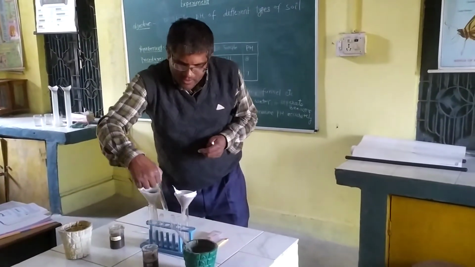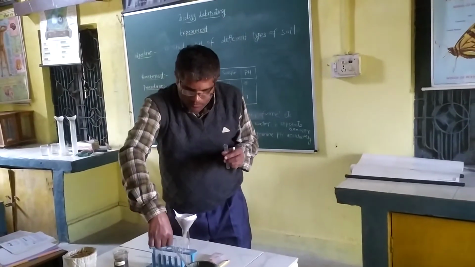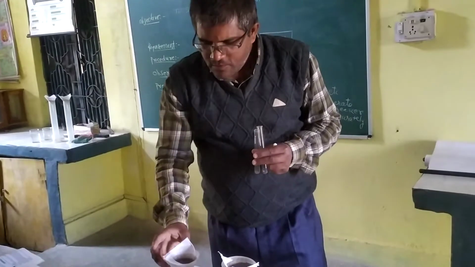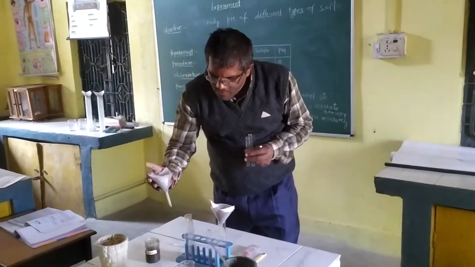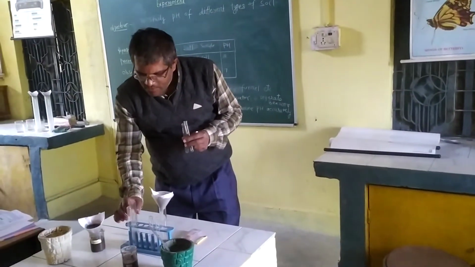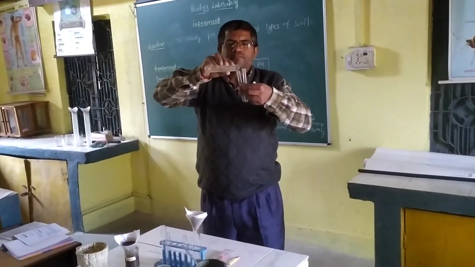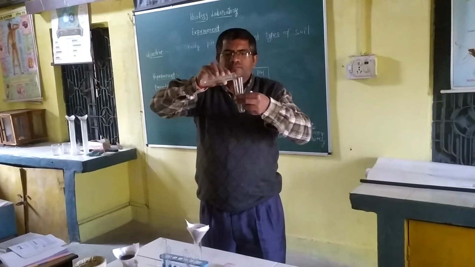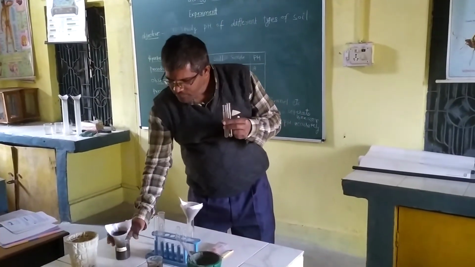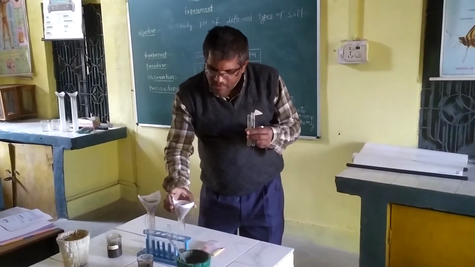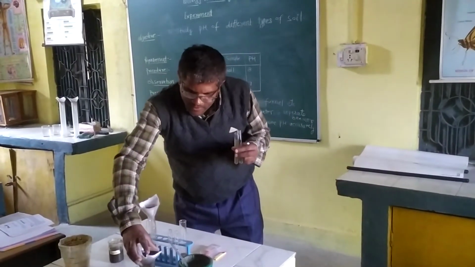We have to take the small test tubes. These are the two small test tubes. In this test tube, we have to fill up the sample which we have collected from the roadside. And this is the sample collected from the garden soil.